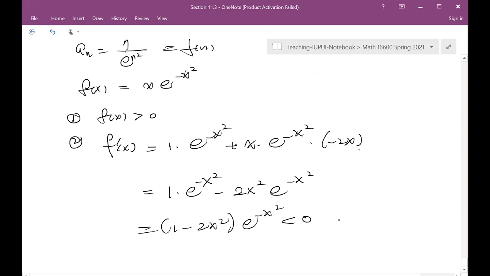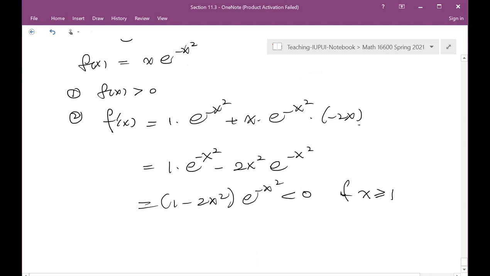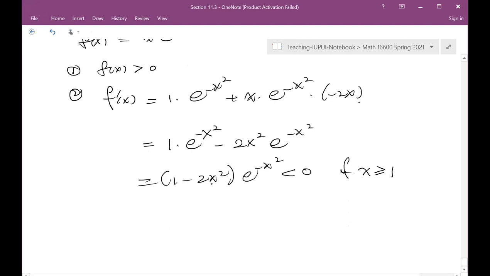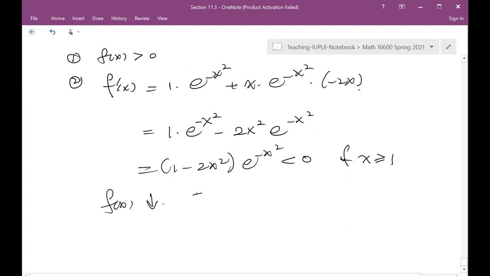And clearly this is negative for x squared greater than or equal to 1, because the second term is minus 2x squared. So therefore, this is decreasing on the interval from 1 to infinity.